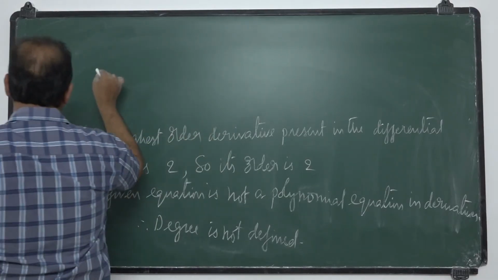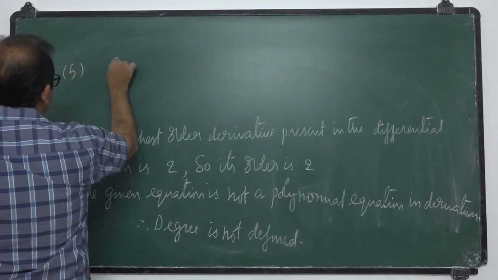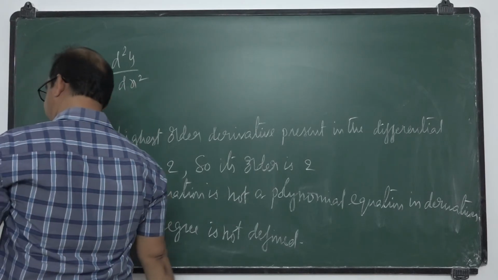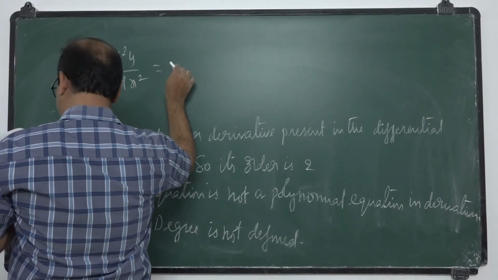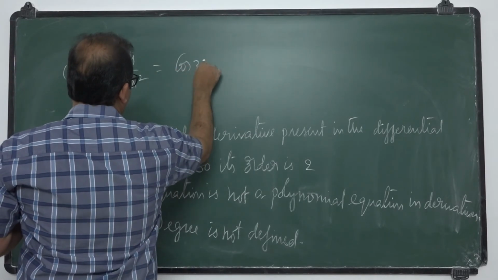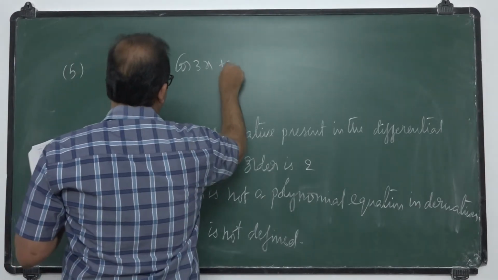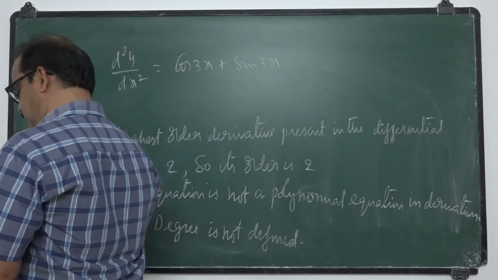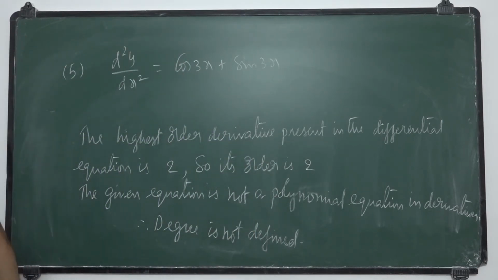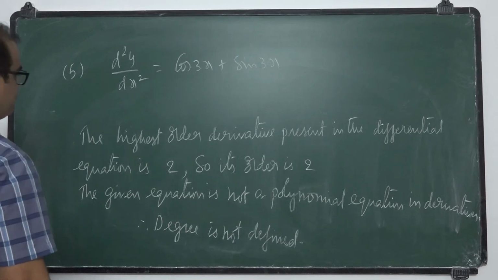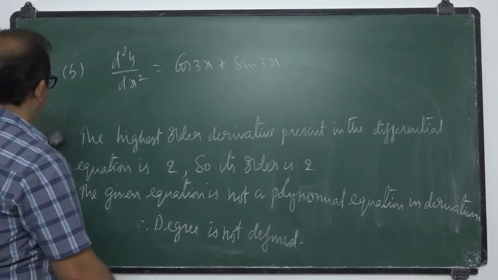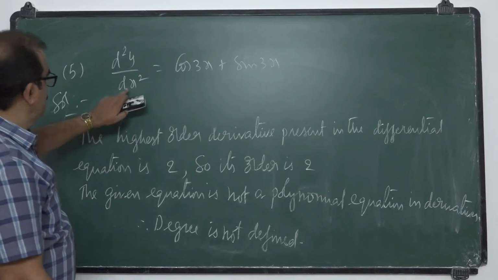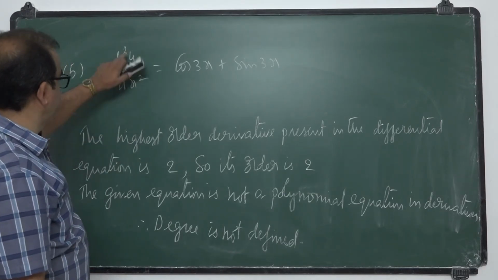Next, d square y by dx square is equal to cos 3x plus sin 3x. Find order and degree. It is a second order derivative.